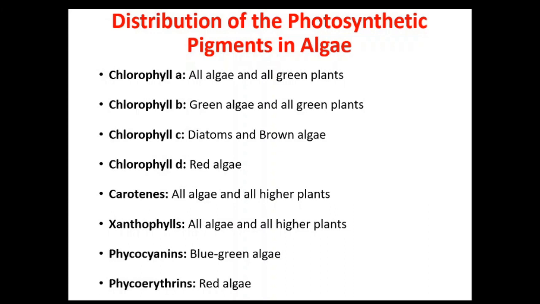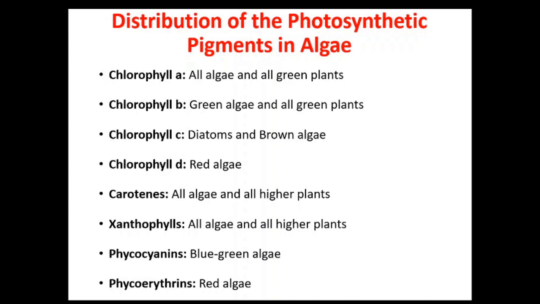Now as far as the chlorophyll A is concerned, the chlorophyll A is present in all algae and in all green plants. So whatever may be the group of algae, whether it is blue-green algae, green algae, brown algae or red algae, the chlorophyll A is present as a default pigment. The chlorophyll B is found in green algae and all green plants. Now chlorophyll B is found only in green algae and in all green plants.